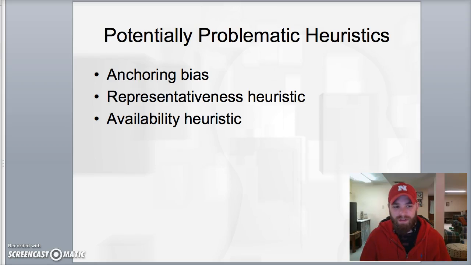Another heuristic your book talks about is the representativeness heuristic. This is where you maybe see someone who looks like they belong to a certain group, and then because you think that, you assign all of the group's characteristics to the person. Your book, I think, has an example with descriptions of two different college students. One sounds like a super computer nerd.